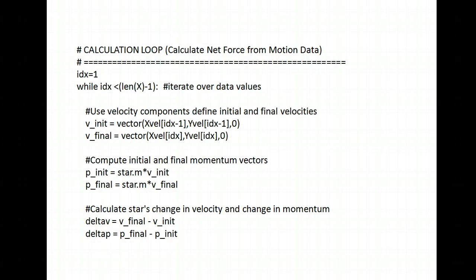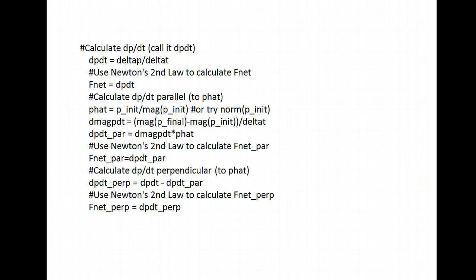We calculate V initial and V final, P initial and P final, and of course delta V and delta P. Taking delta P and dividing it by delta T, we get dP/dt, and that is set equal to F net by Newton's second law. Observations have now led to the cause.